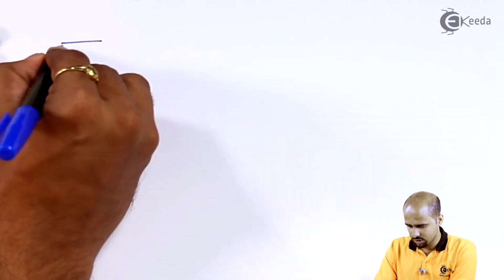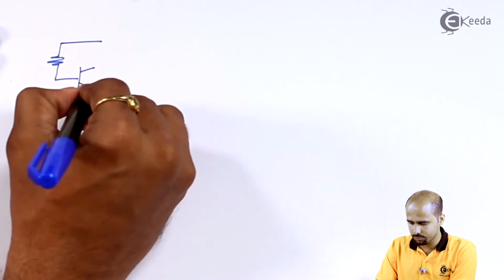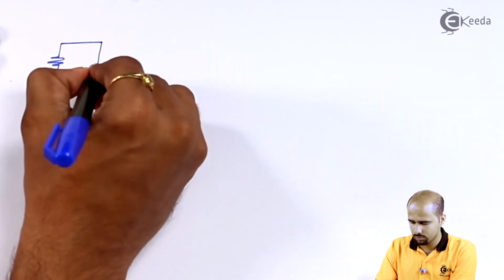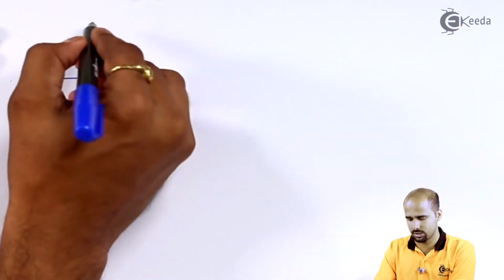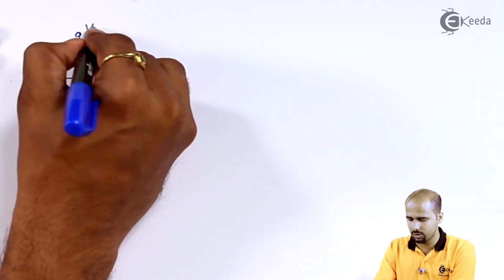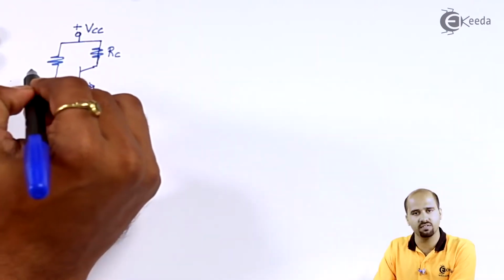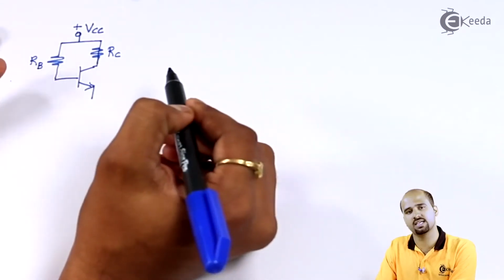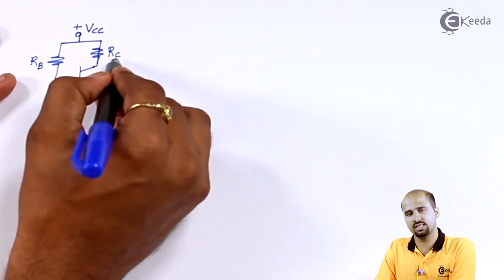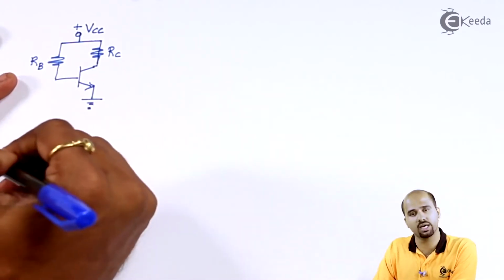The first circuit is for fixed bias, where we give the DC supply positive VCC, a resistance at the base as RB, RC as the collector resistance, and the emitter is grounded.